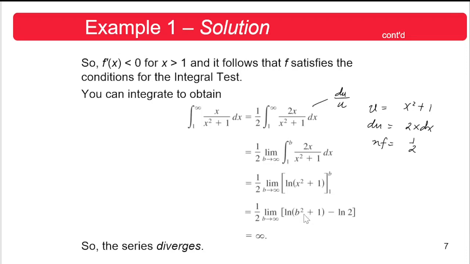If we replace b by infinity, infinity plus 1 is infinity, and the natural log of infinity is infinity. Infinity minus the natural log of 2 is still infinity, and times 1 half is infinity. Because the integral of the function x over x squared plus 1 dx from 1 to positive infinity is infinity, we can conclude that the series diverges.